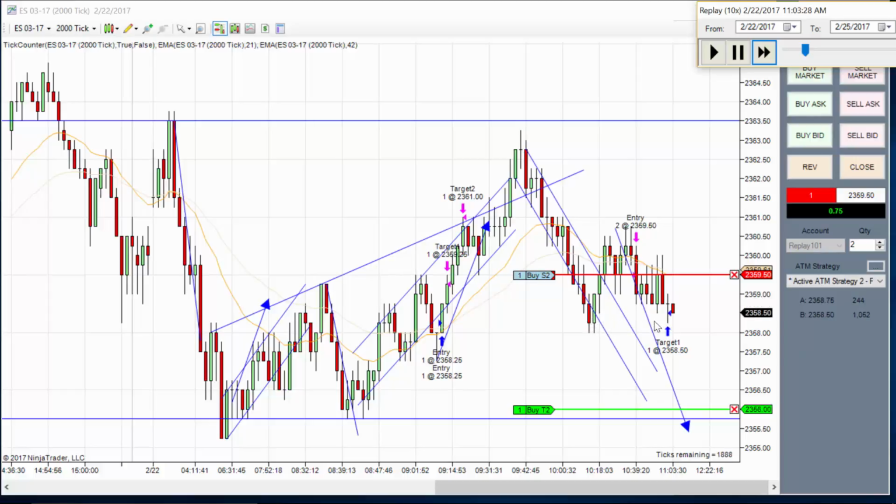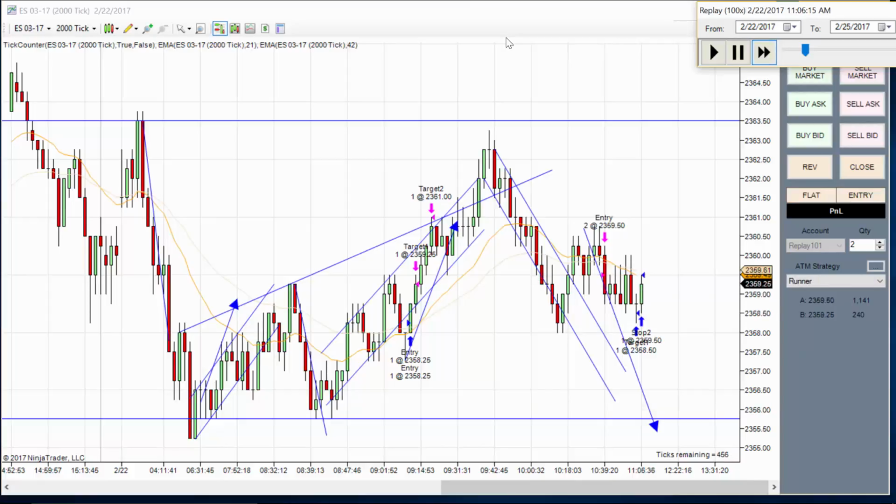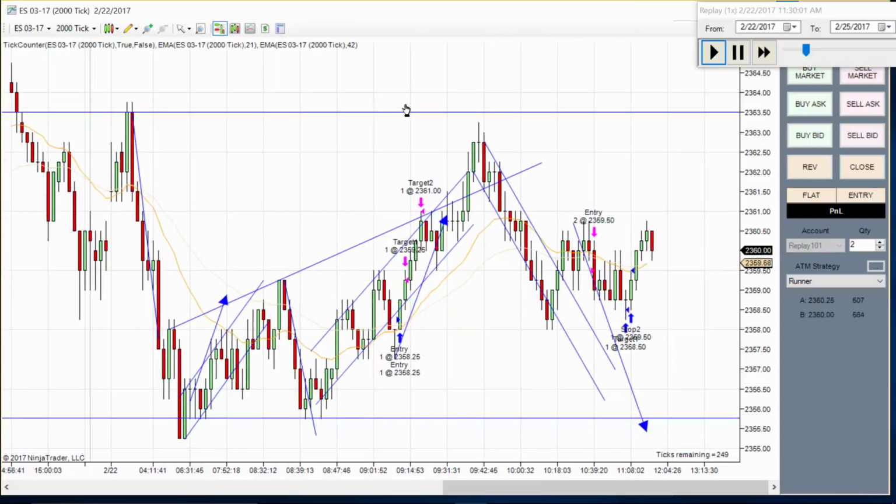But it could bounce right here. Could bounce right there. And it does. And then it ends up working its way higher. So maybe that was more like that.